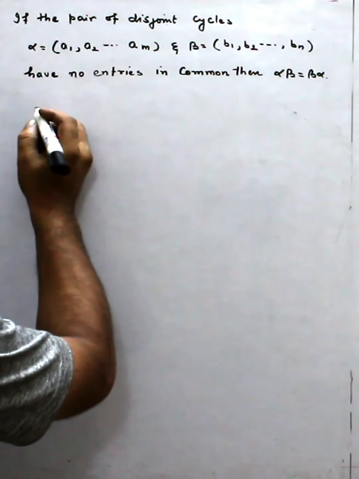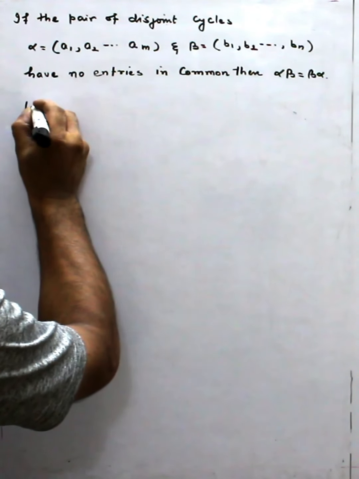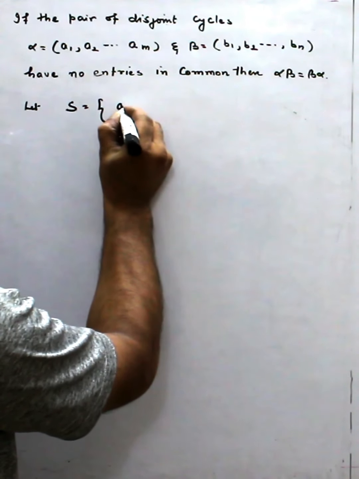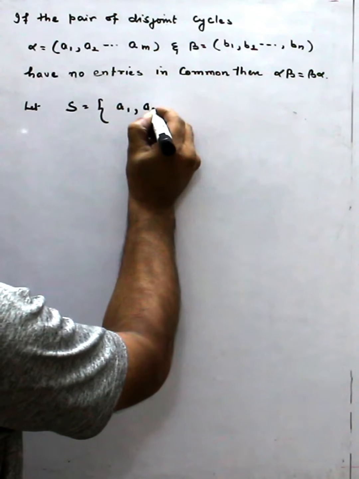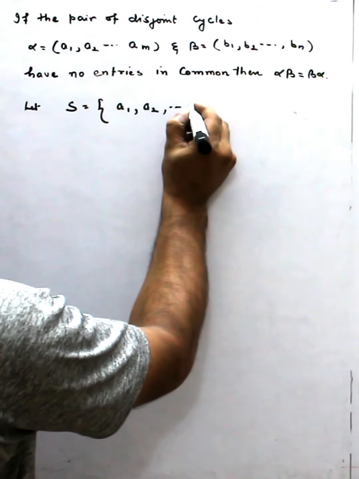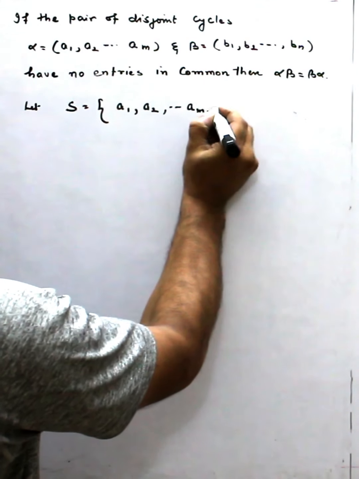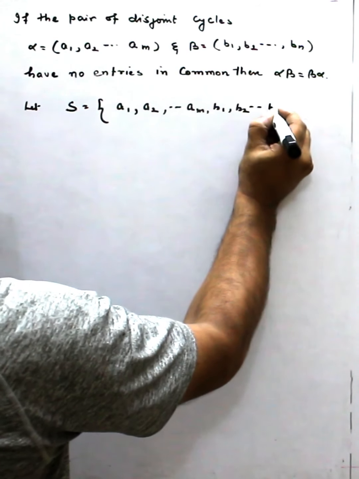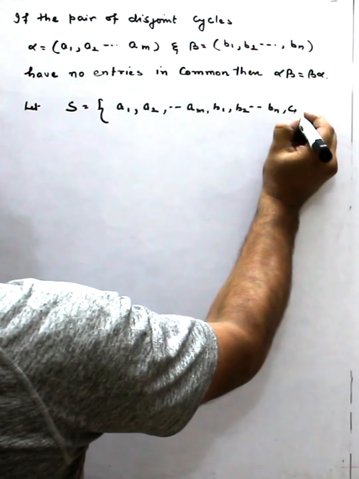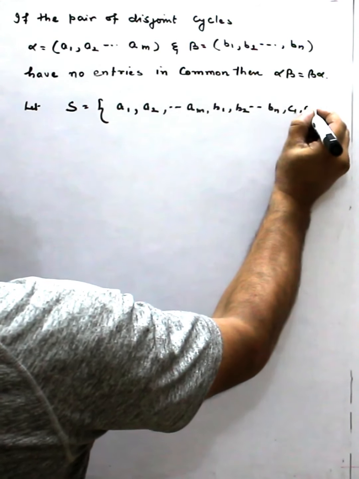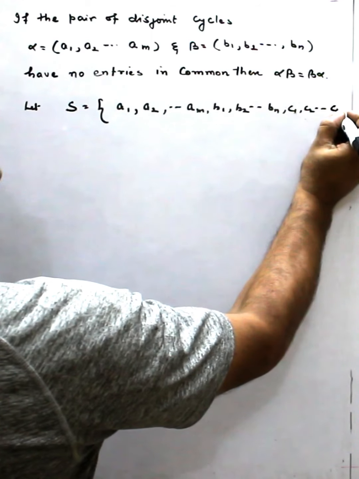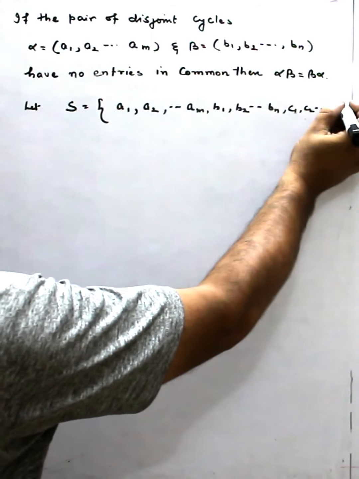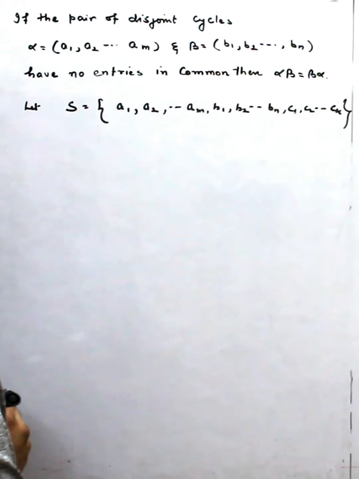So how do we prove it? Let S be a set which has elements A1, A2, Am, B1, B2, Bn, C1, C2, and suppose Ck is the last element.